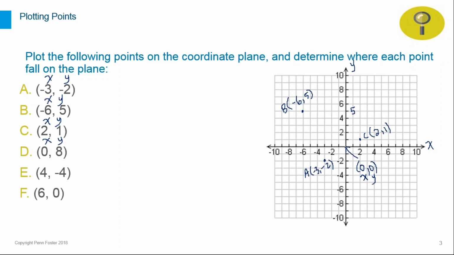The x is 0 means that we're going to start at the origin. We're not going to go right or left because the x is 0. And then we're going to go up 8 units to label point D. So D does not fall on any of the quadrants. It falls right on the y-axis. D is 0 and 8.